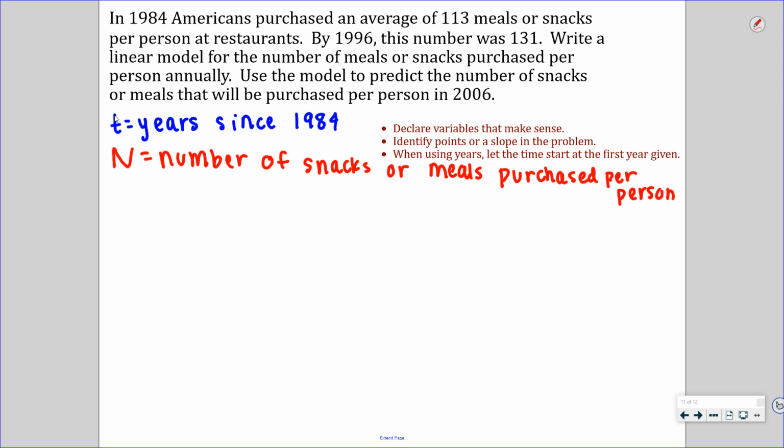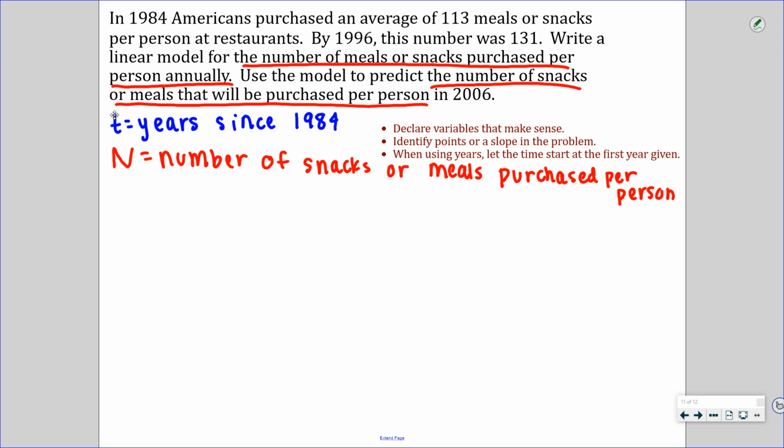Okay, because that's what we want to predict, the number of snacks or meals that would be purchased per person. And they tell us right here, write a model for the number of meals or snacks purchased per person annually.